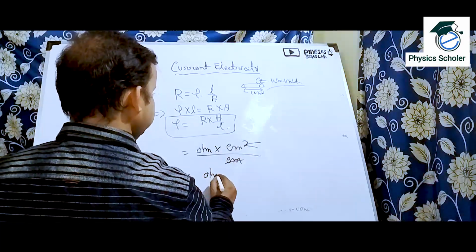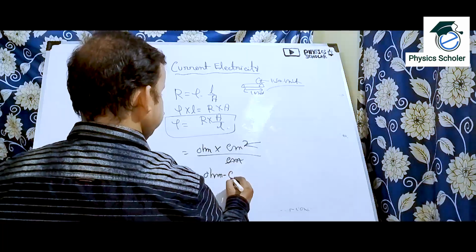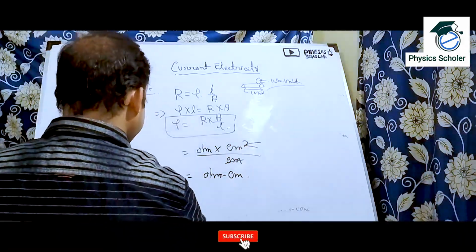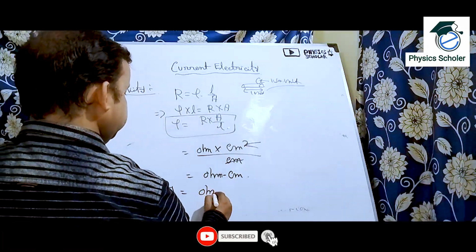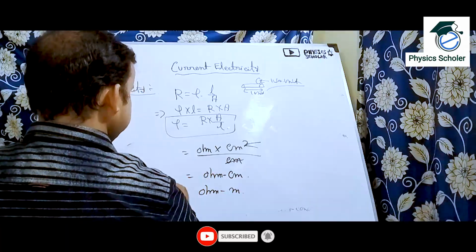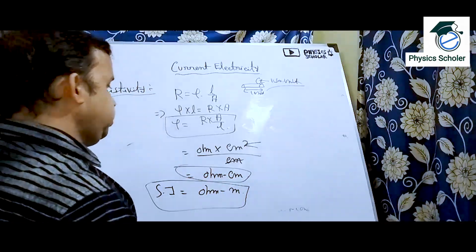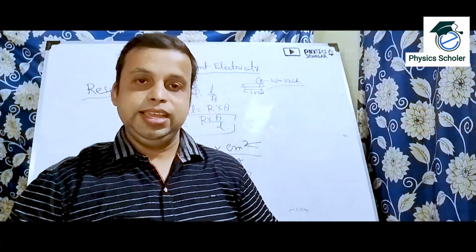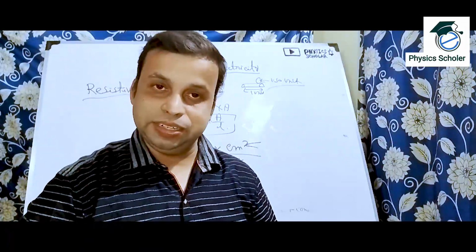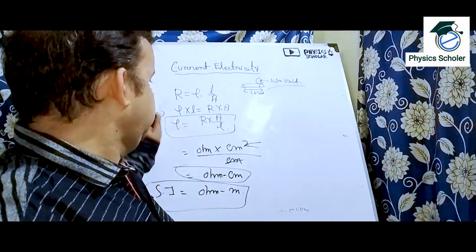So it is ohm centimeter. And in the SI system it will be ohm meter. So in the CGS system the unit of resistivity is ohm centimeter and in the SI system it is ohm meter.